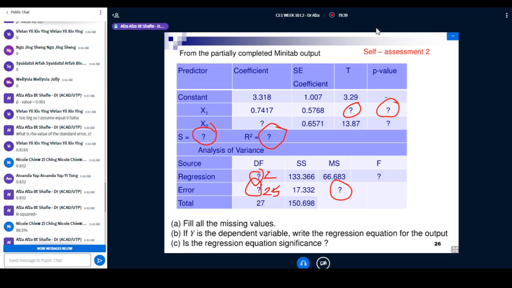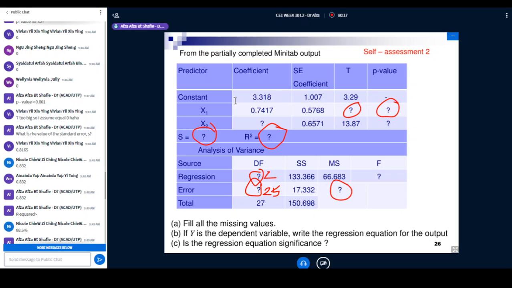What is the value of F? Yes, correct. 96.2. So we get F is equal to 96.2. Okay, so this is how we fill up the table.